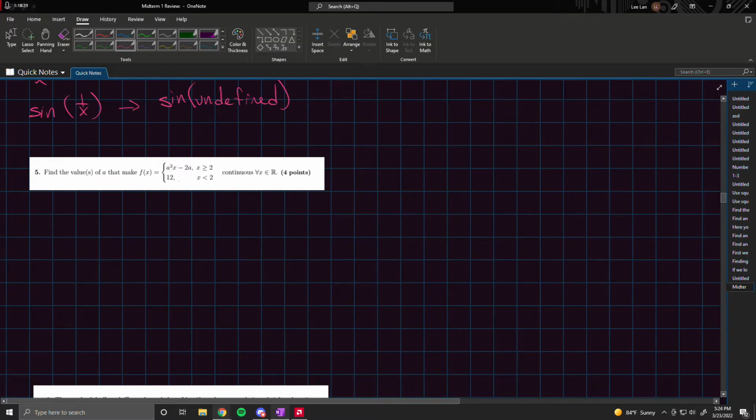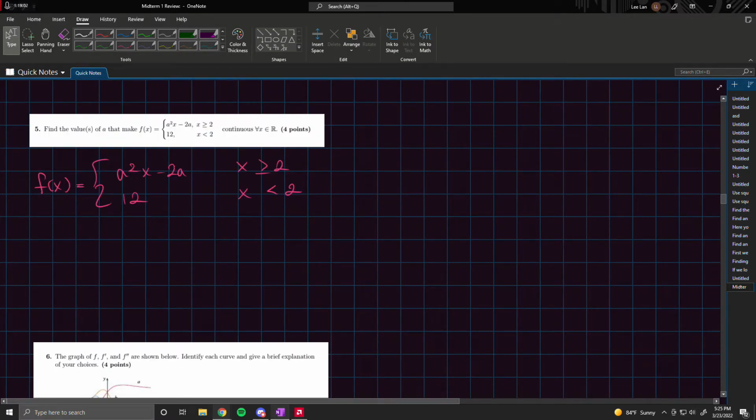Anyway, it's the function where if x is greater than 2, it's this, and if x is less than 2, it's just 12. I think lots of students also had problems with this question, but okay, let's go over it. So f of x equals a squared x minus 2a, where x is greater than or equal to 2, and 12 when x is less than 2.